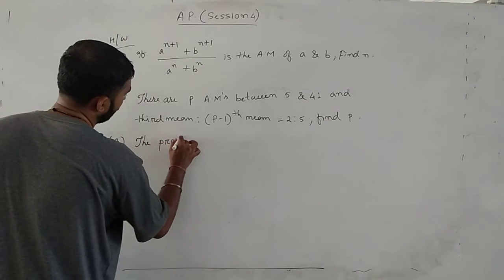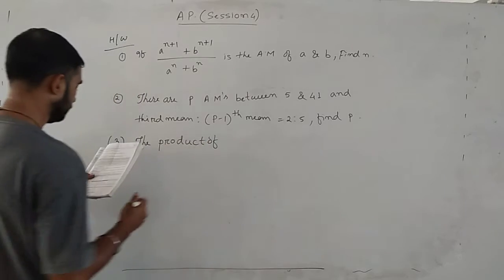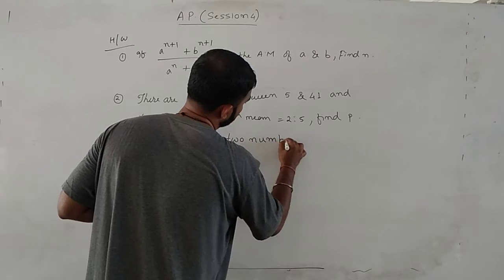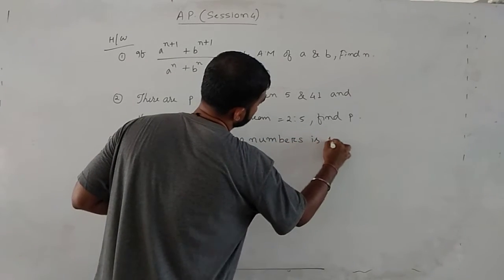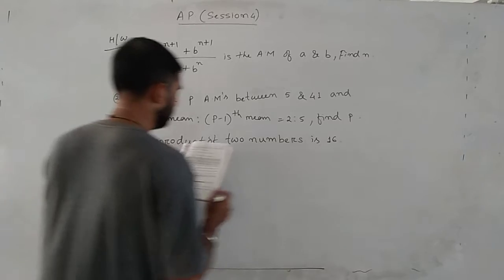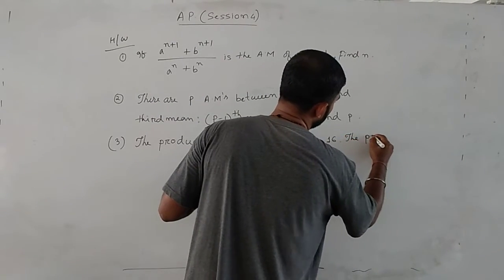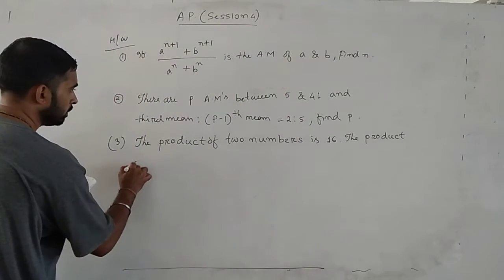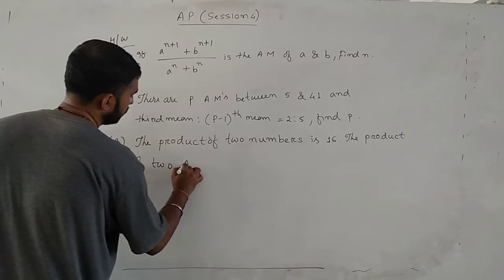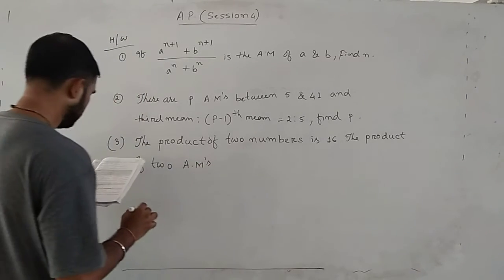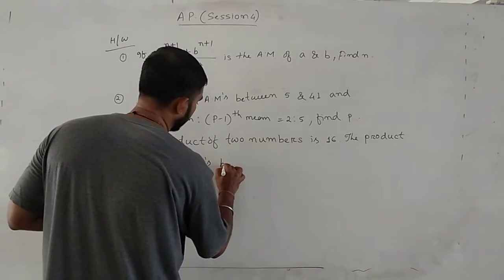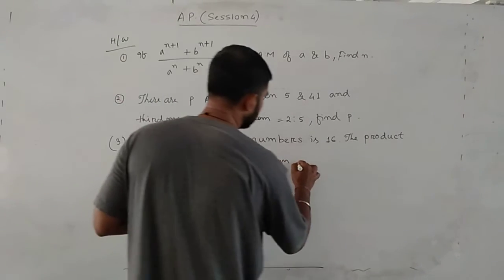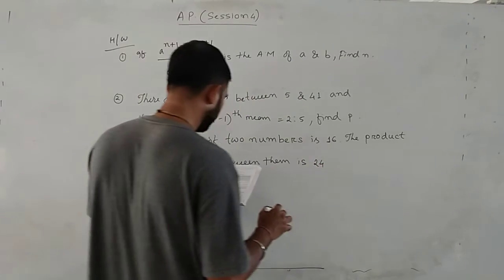The product of two numbers is 616. The product of the two AMs between them is 24.